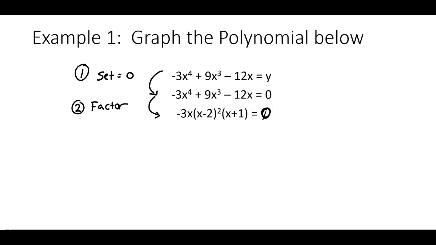Okay, now the next thing that we're going to do is find the roots. The way that you do that is by using the zero product property. That's just fancy words for take each one of these factors and set them equal to 0 and solve.